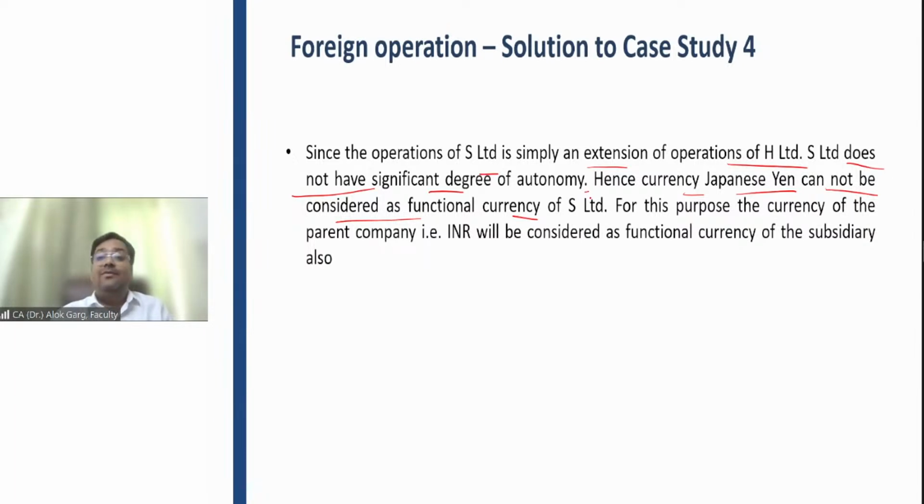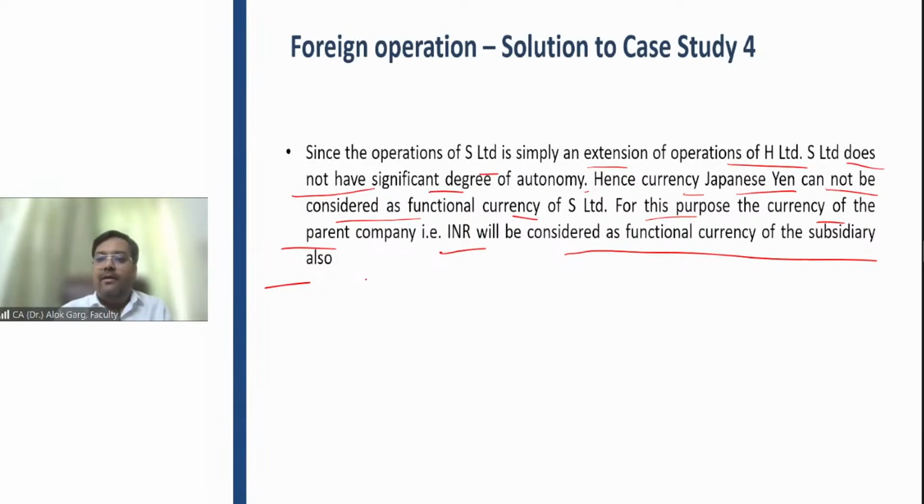Answer is no. This entity is acting as an agent, as an extension of the holding company. So in this case, the foreign operation's functional currency will be the same as the parent entity's functional currency. Why? Because it is meeting those conditions. For this purpose, the currency of the parent company, INR, will be considered as the functional currency of the subsidiary also.